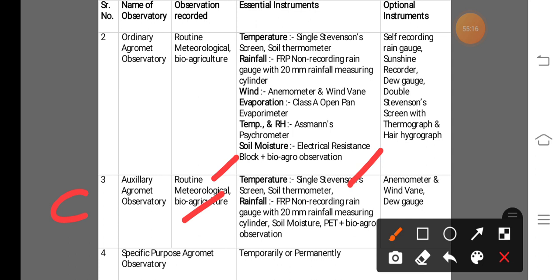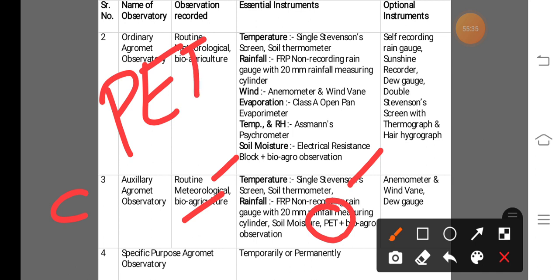For rainfall, a non-recording, that means FRP, non-recording rain gauge with 20 mm rainfall measuring cylinder is essential. Also for soil moisture, an electric resistance block is used, and also potential evapotranspiration is recorded. What is meant by potential evapotranspiration? Potential evapotranspiration is the evapotranspiration rate when unlimited water is available to the crop.